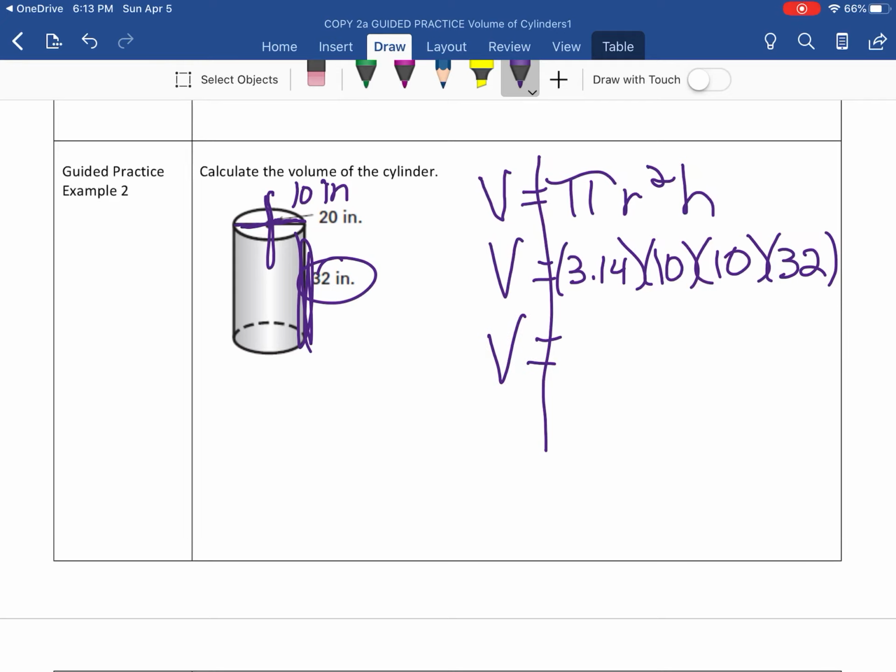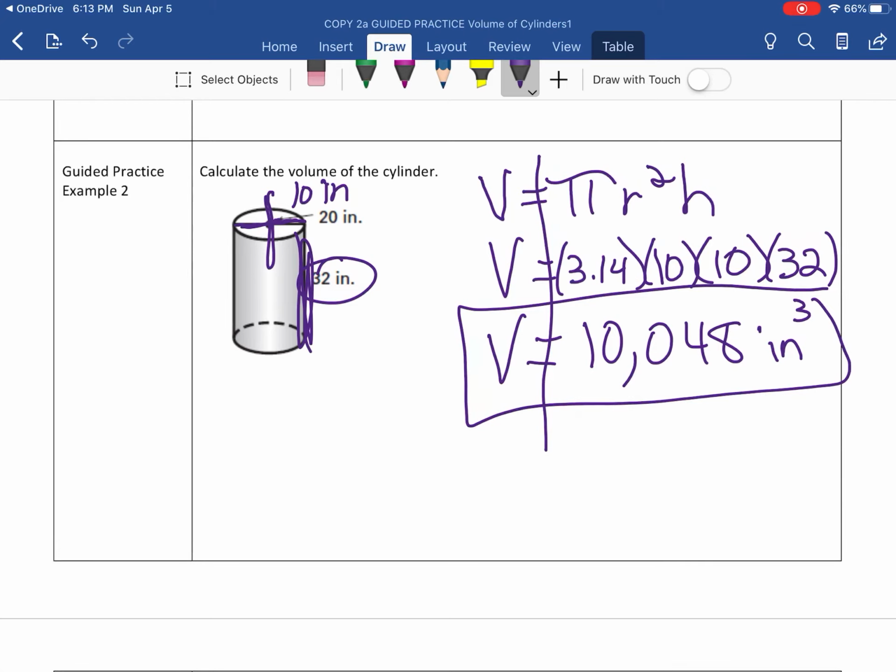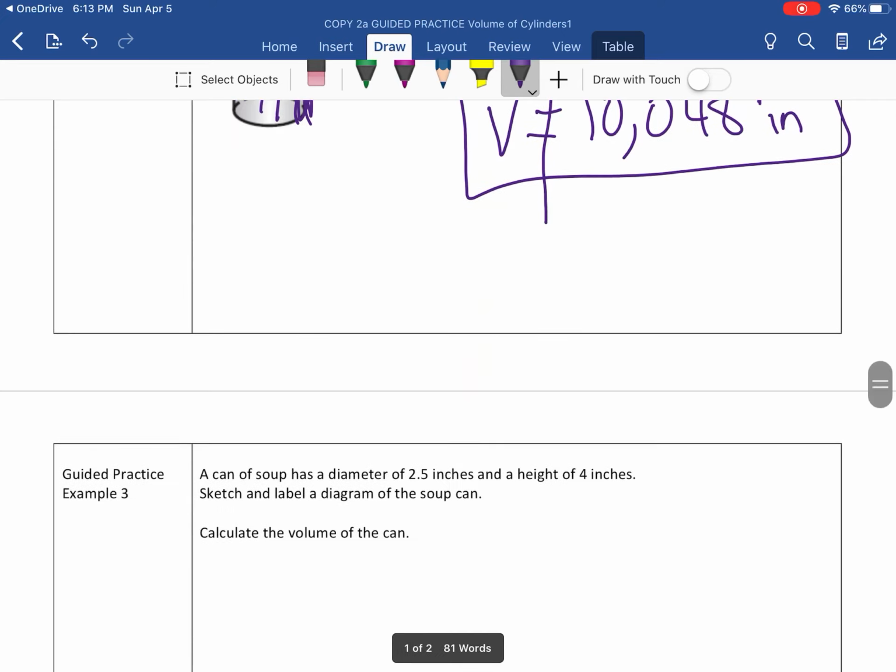So volume equals, plug all that in on your calculator, and you will get, hopefully, 10,048 inches cubed is the volume of that cylinder, if that were in real life.